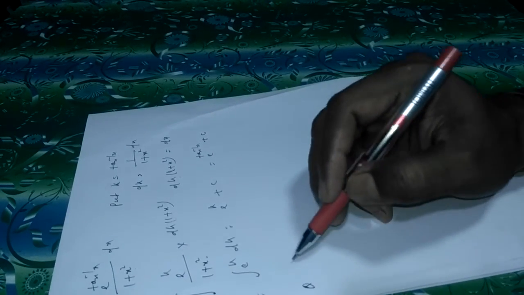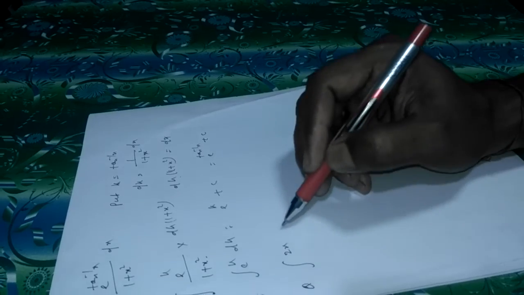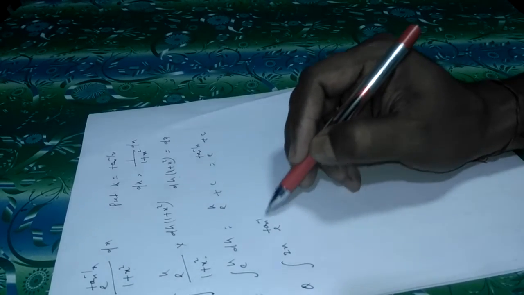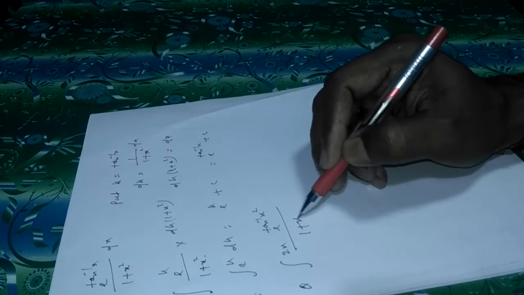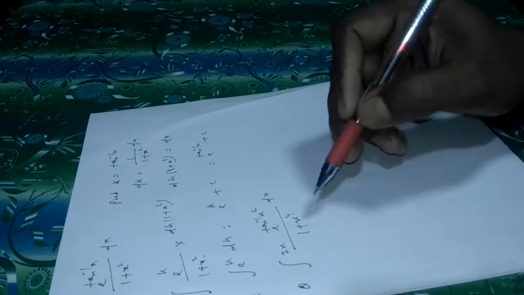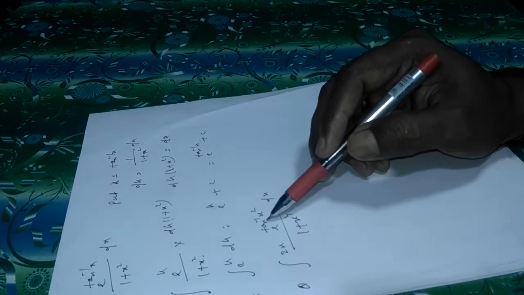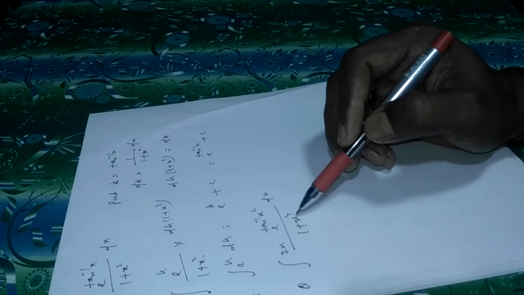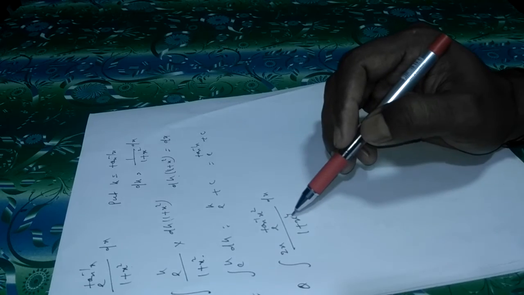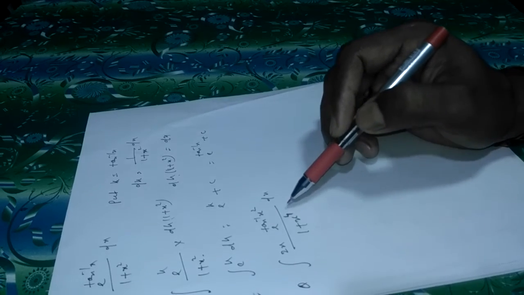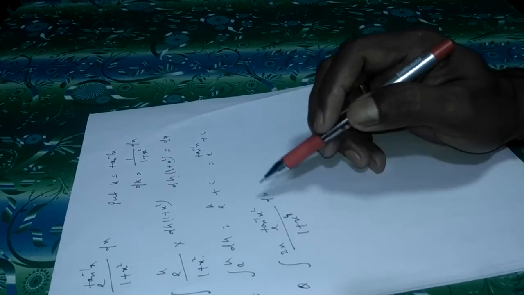Similar question is given: 2x e to the power tan inverse x square divided by 1 plus x to the power 4 dx. Okay. In this case, the tan inverse x derivative is 1 by 1 plus x square. But in this case, what is the value of x? X square. X square means x to the power 4. And the derivative of x square is 2x. Okay.